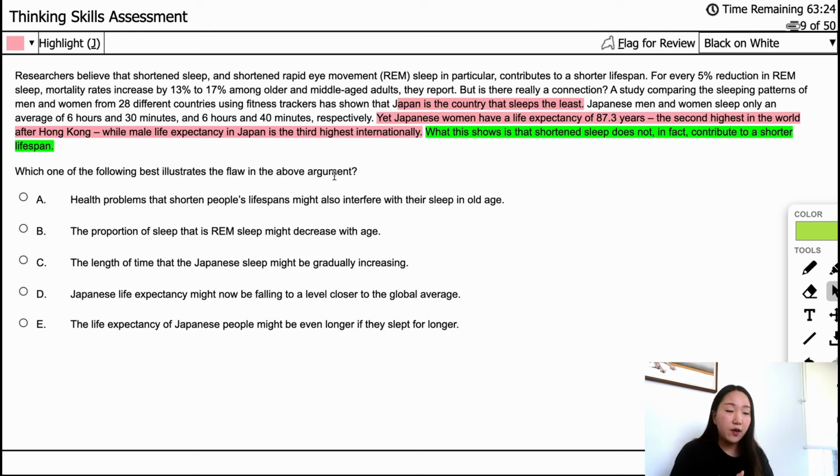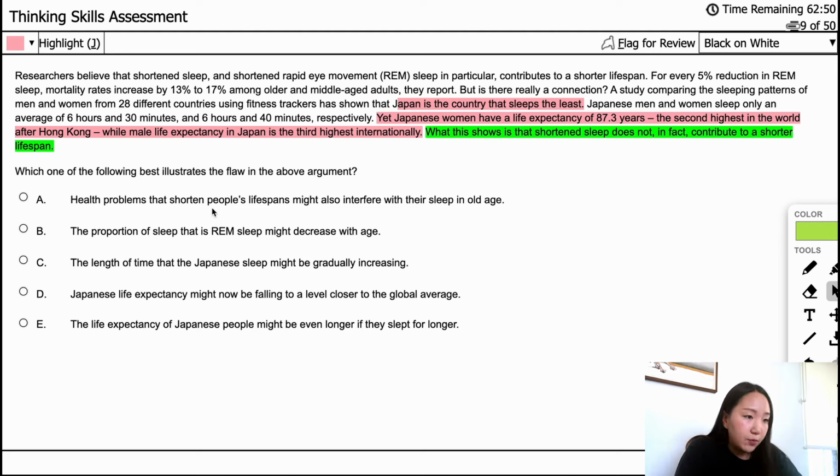This is the one, I think I've just mentioned this actually, saying, okay, yeah, it could be true, that it could be that they've assumed, based on the fact that they sleep the least and they also live the longest, that the living the longest is caused by something that's not sleep. What we have to consider is that there are other factors that also let them live a very long time. Sleep is actually maybe restricting that. They could maybe live longer. So it's not the lack of sleep that is causing that long life.